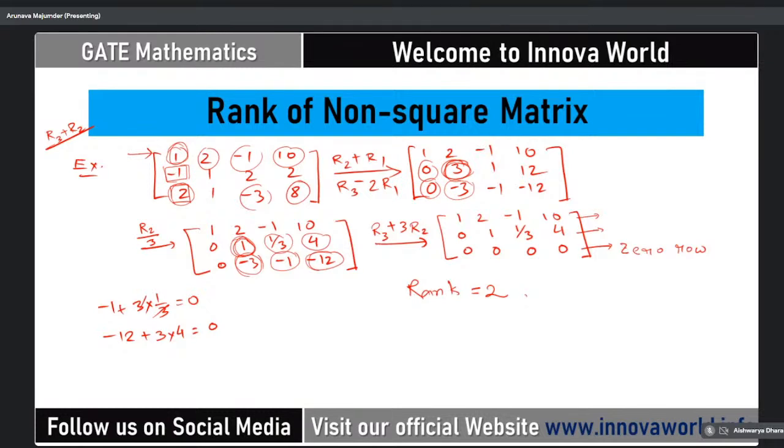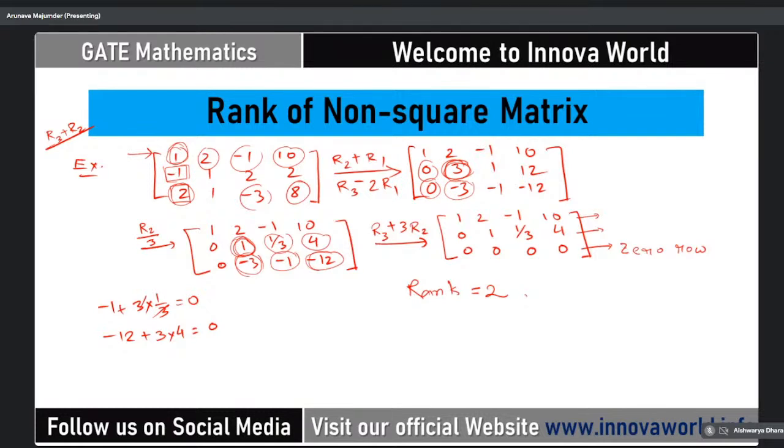Okay, so why are we doing so? This is the end of rank of matrix. I also give you a suggestion: do practice, because rank of the matrix is very important for all competitive examinations, also your semester examinations. And you will have at least a question in engineering mathematics: find the rank of the matrix.